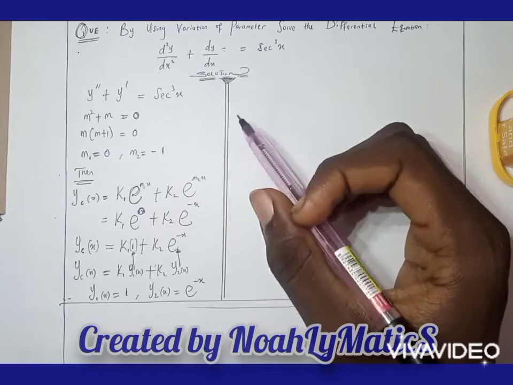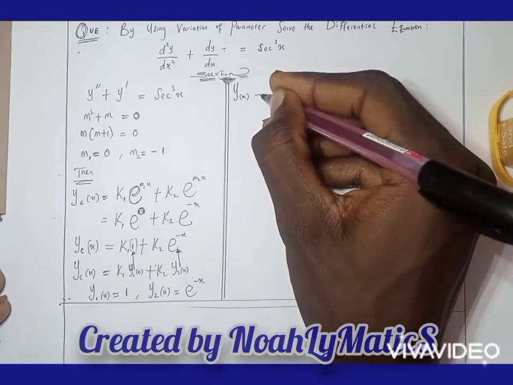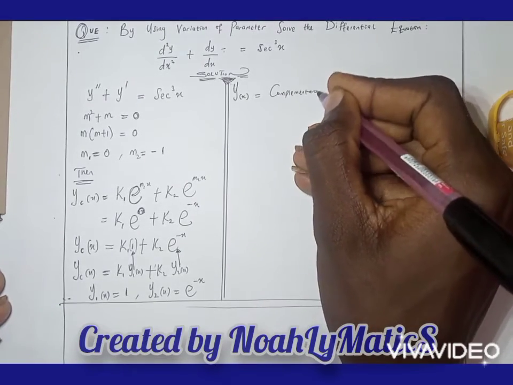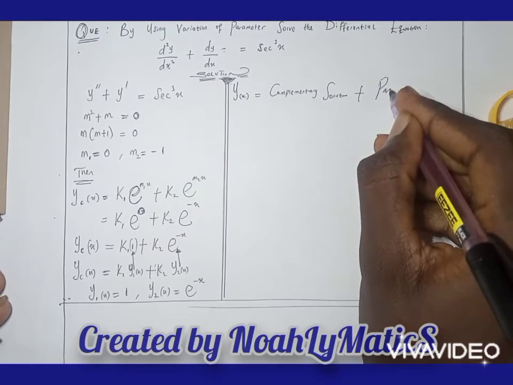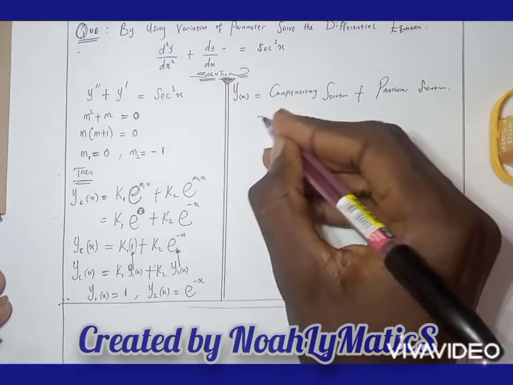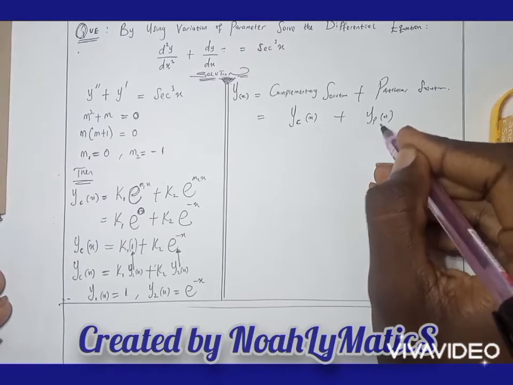The formula is a very long one. Our final solution, y of x, is equal to the complementary solution plus the particular solution. What does this imply? It implies that I should have yc of x plus yp of x.